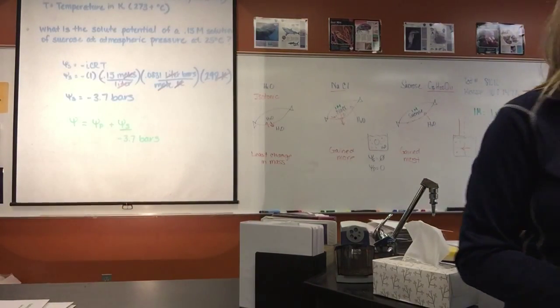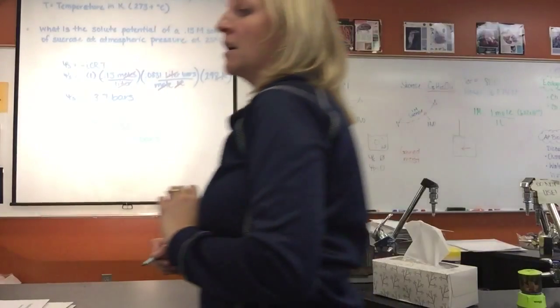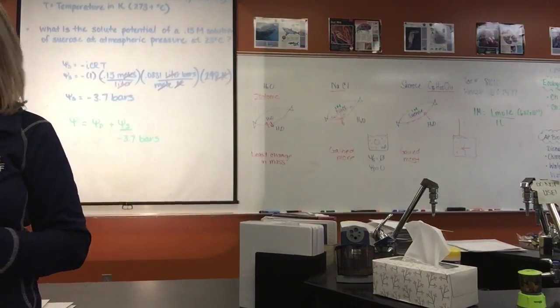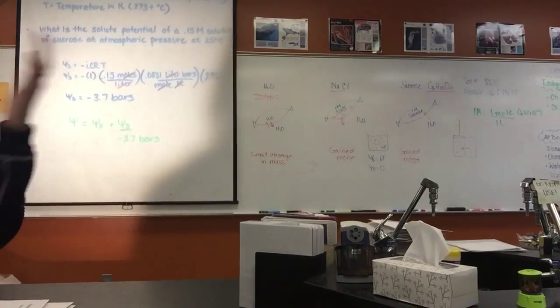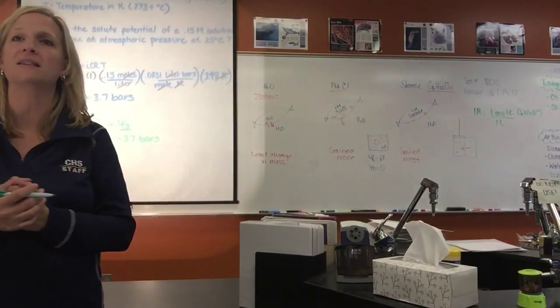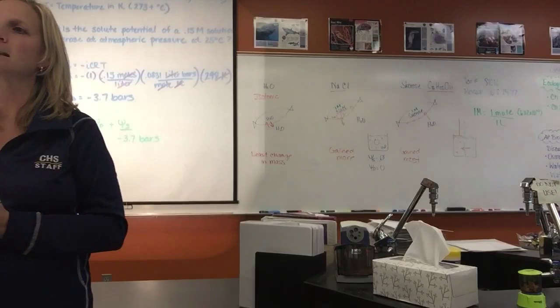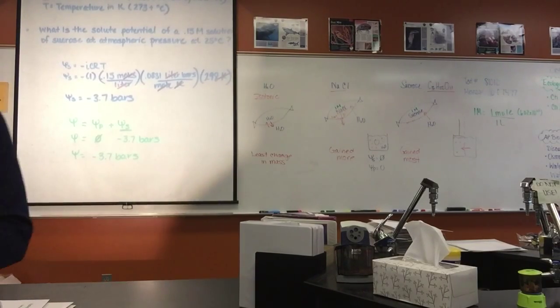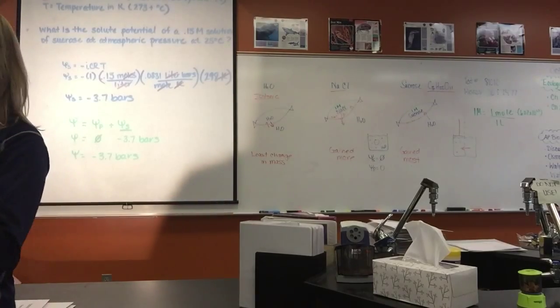We only have atmospheric pressure, there's no other pressure on it. That's right. It's at atmospheric pressure, there's no additional pressure. So when that's the case, we say the pressure is 0. Therefore, when there's no pressure, the water potential is equal to the solute potential, and the way water moves is only based upon the solutes.